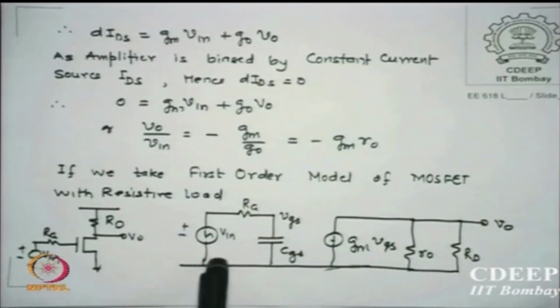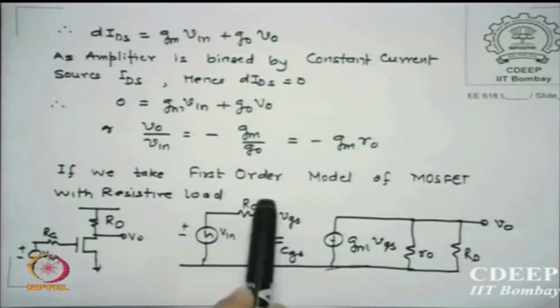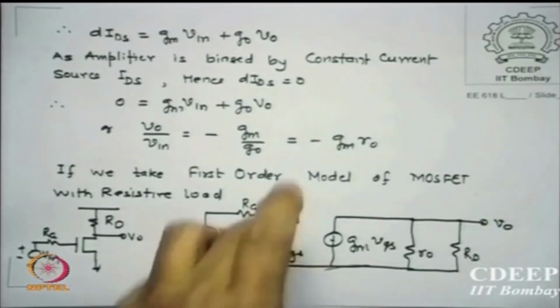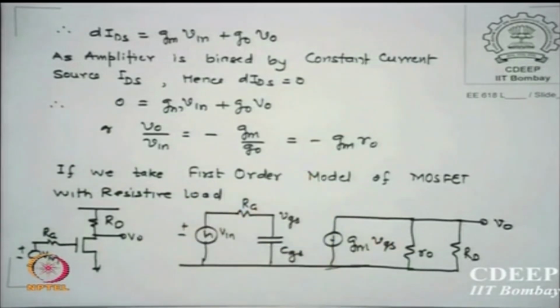Then Vn sees Rg equivalent, there is a CGS which is holding the VGS voltage, then it is Gm times VGS, R0 shunted by Rd. In all these cases VSB is taken as 0, that is, source and bulk are grounded. Unless specified, do not use those terms.